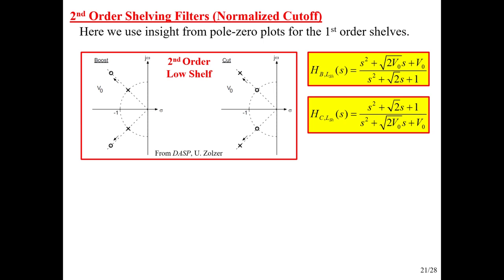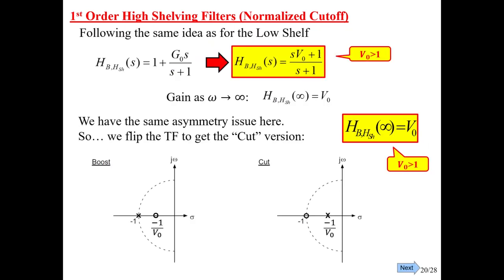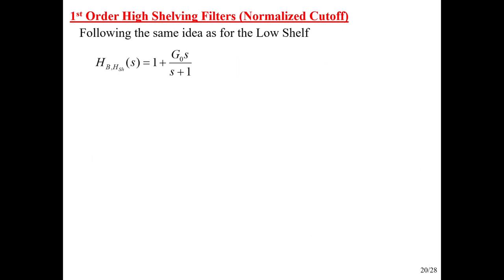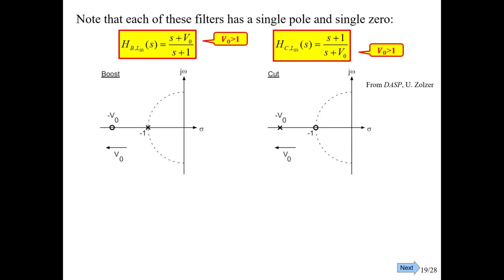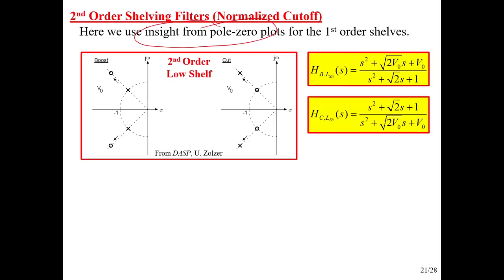But what we're going to do is just take insight from our pole 0 plots for the first order shelves. So if we go back here, let's just go back to the first order low pass or low shelf. Think about the pole and 0 being on the same line. So it kind of makes sense.